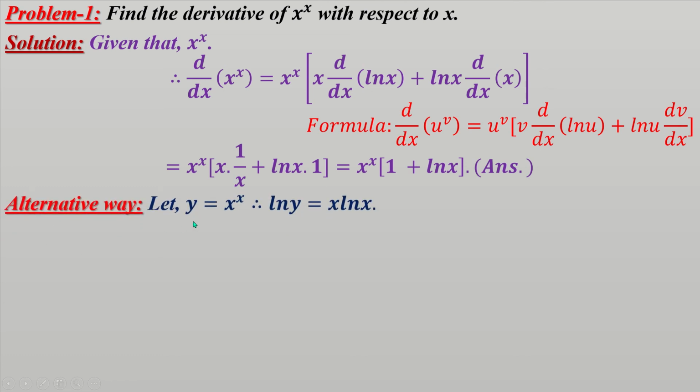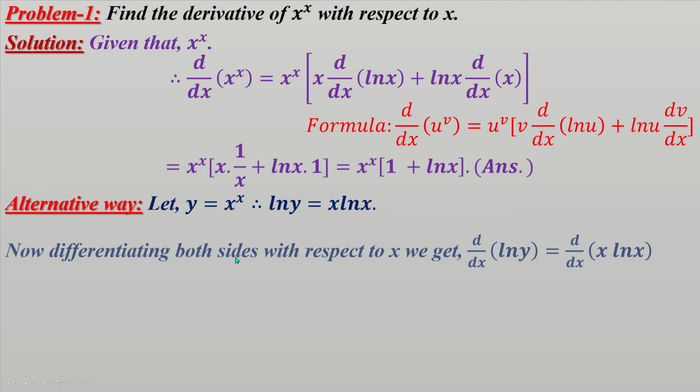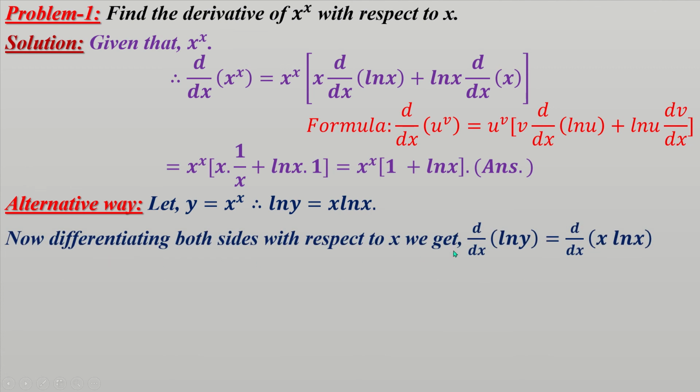Alternative process. Let y equal x to the power x. As the power is also variable, taking ln on both sides, the left side will be ln y and the right side will be x ln x. Now differentiating both sides with respect to x, we get d/dx ln y equals d/dx of x ln x.